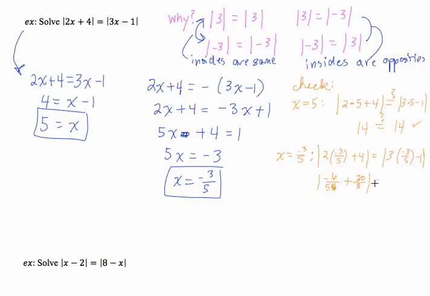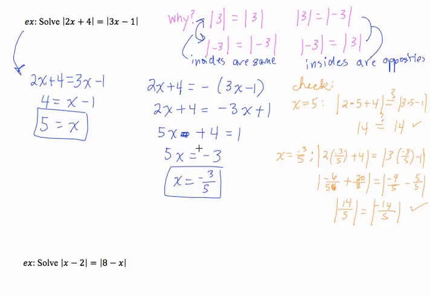Does that equal the absolute value of negative 9/5 minus 5/5? 20 minus 6 is 14, so does the absolute value of 14/5 equal? Over here we have negative 14/5 inside the absolute value, and yes, those are equal. So these are your two solutions.